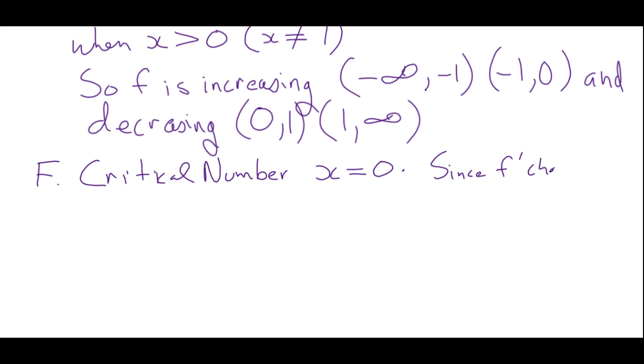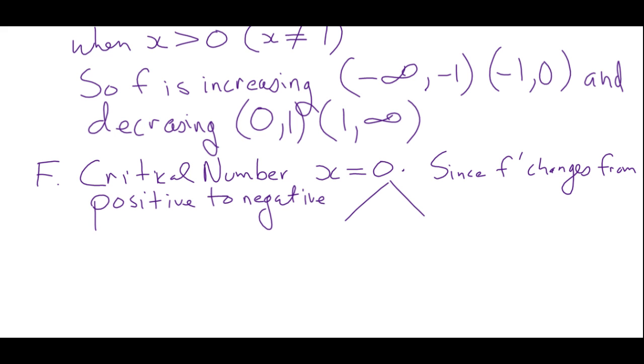Since f prime changes from positive to negative at 0, what's this strange symbol? It's just showing a positive slope going to a negative slope. At 0, what do we have? It goes kind of like this, right?